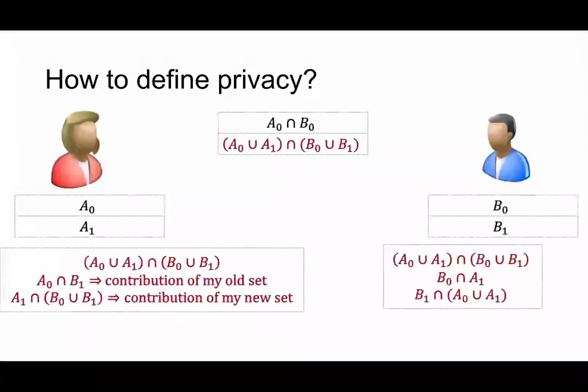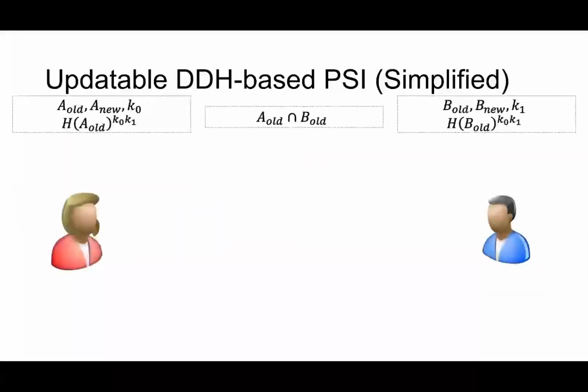This is our privacy definition, and we can exploit it a little bit. Alice will additionally know A0 intersection with B1, that's a contribution of her old set. And she will also know A1 intersection with B0, because that's a contribution of her new set. And similarly for Bob. Based on this observation, we can have a construction.